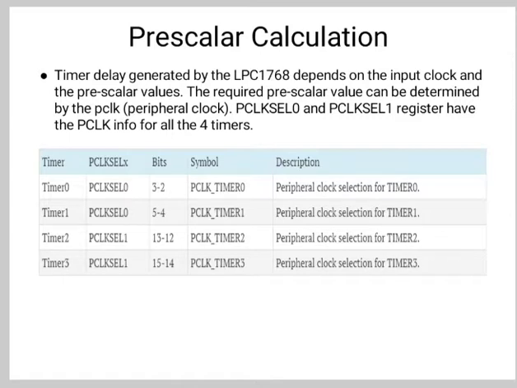Second is timer 1, here also the PCLKSEL0 register, bits 5, 4, PCLK_TIMER1, the peripheral clock selection for timer 1. Next is timer 2, PCLKSEL1, bits 13, 12, the peripheral clock selection for timer 2. Next is timer 3, PCLKSEL1, bits 15, 14, the peripheral clock selection for timer 3.